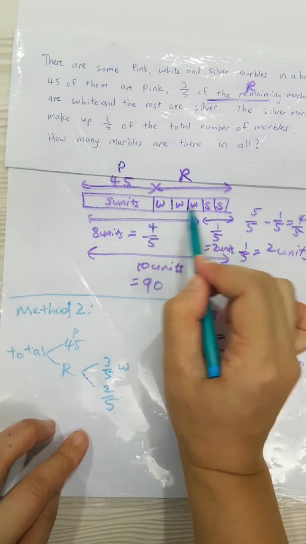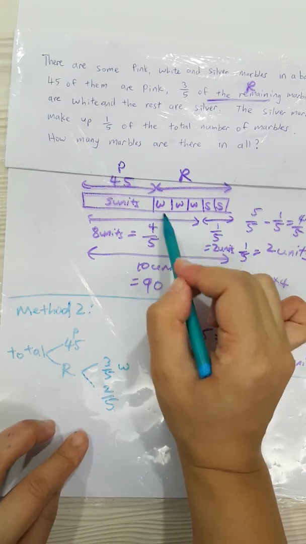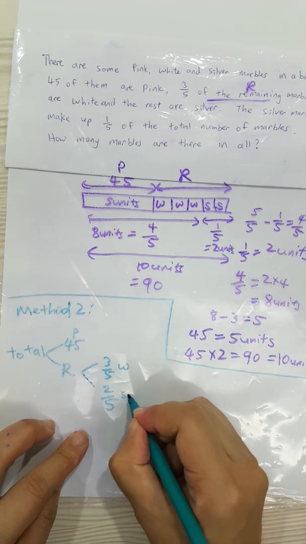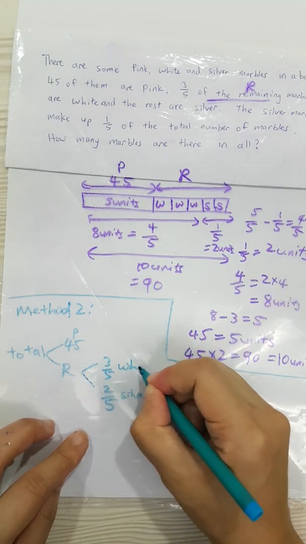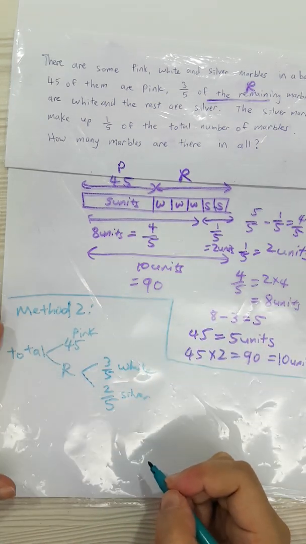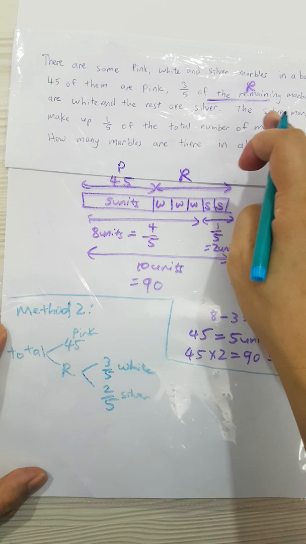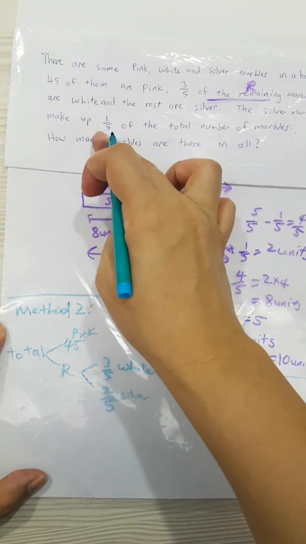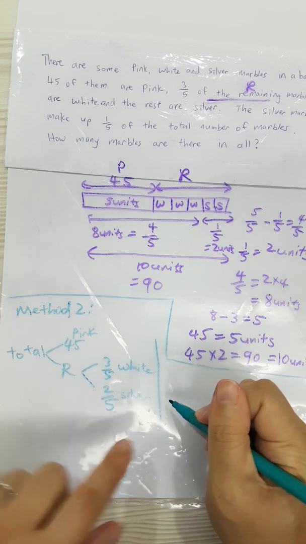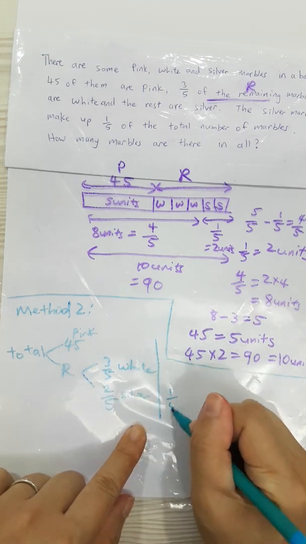So can you see 5 minus 3, I'm left with 2. So these are my silver. Okay, so this is my remainder. Now the question says the silver marbles are 1/5 of the total amount of marbles. So I draw a line, and my silver, I write 1 out of 5.